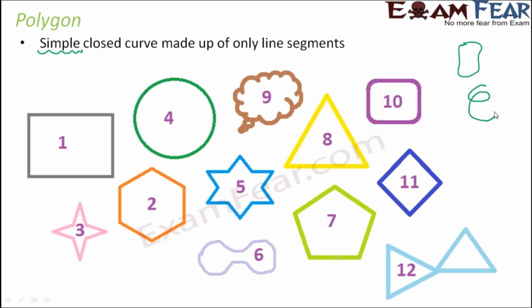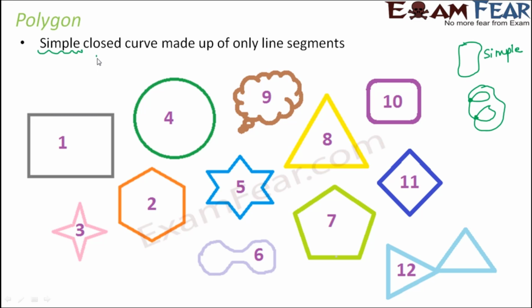But if I draw a curve like this, the curve is intersecting itself. You see, this is the point of intersection, this is the point of intersection. So this is not a simple curve. So a simple curve is one which doesn't cross over itself or intersect itself.